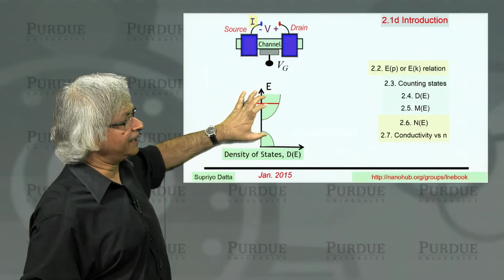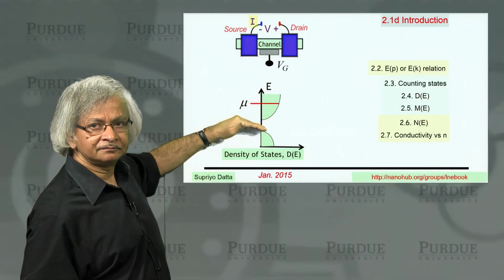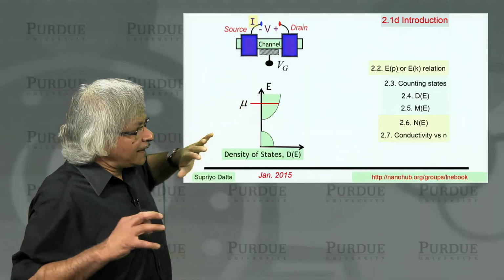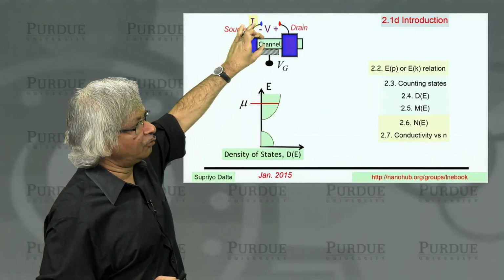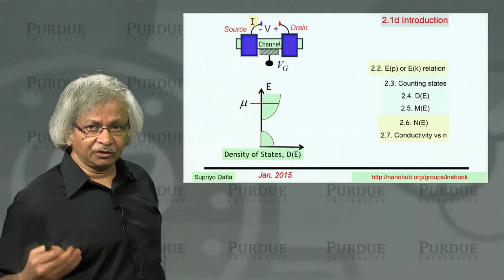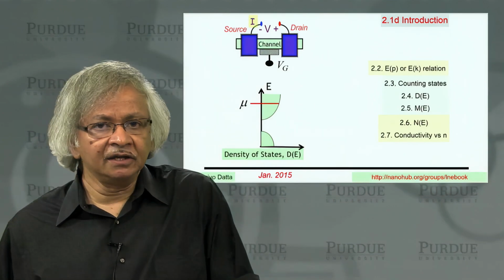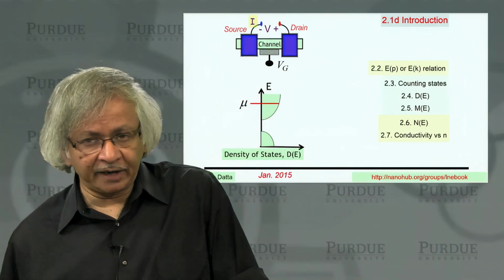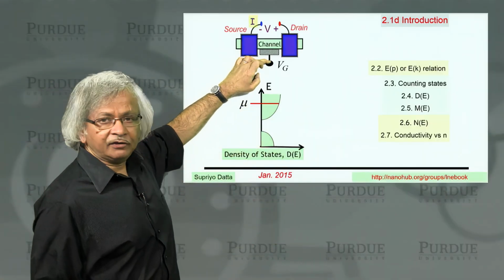Or you could think the energy level is fixed, we move the chemical potential up and down. Right? So the essence of the transistor, of course, is to be able to control how well the channel conducts. That is, control the resistivity. In fact, in a transistor, you're changing that resistivity by several orders of magnitude, through this gate voltage.